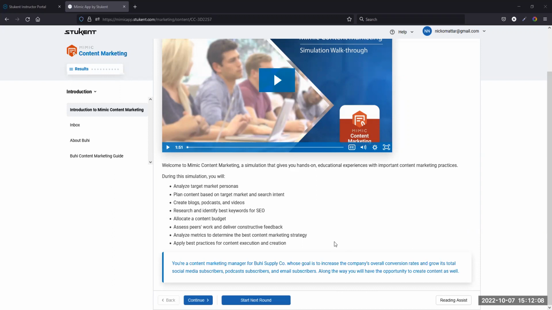Those content assignments will then be promoted via various channels, and then you'll have some KPIs, some goals that you're going to be trying to attain.